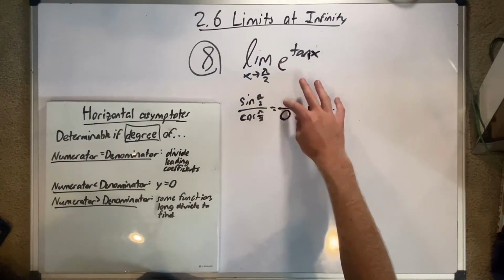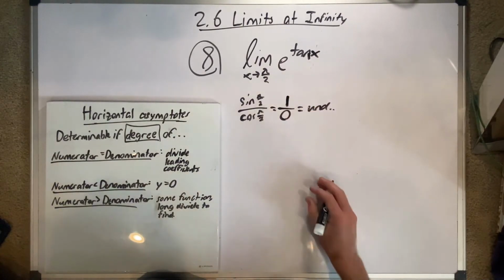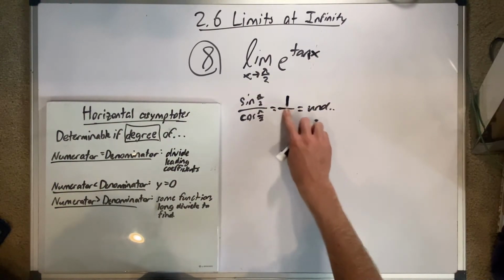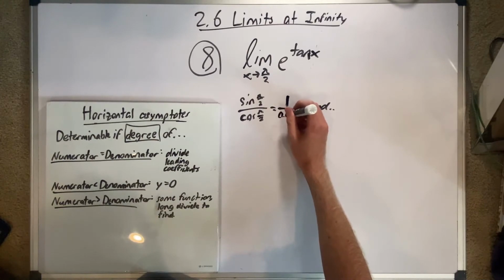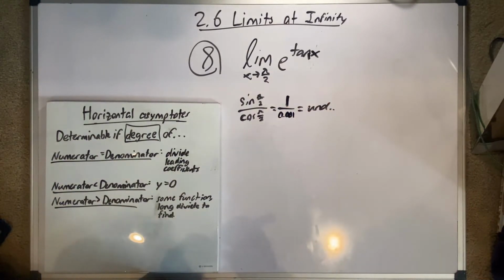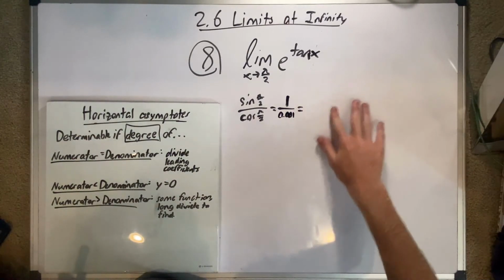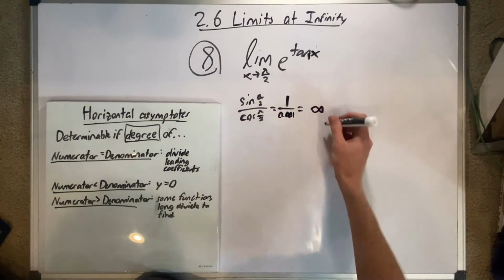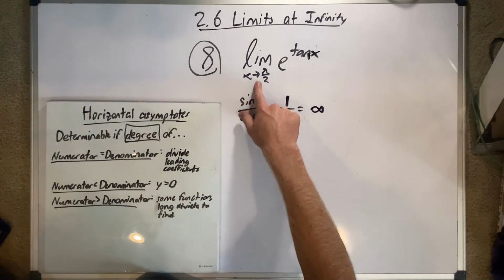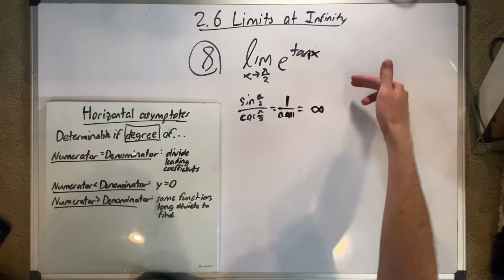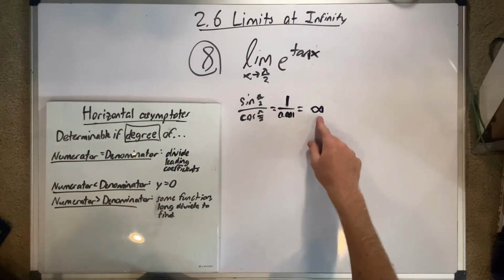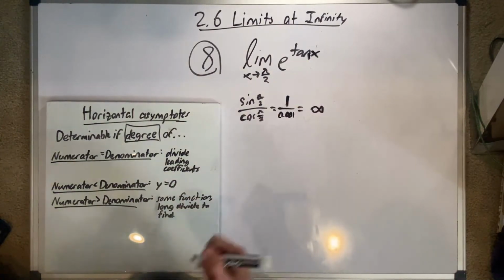Well, this number stays very, very close to 1, but this number stays very, very close to 0, but isn't 0. So we would actually have this becoming infinity, because we don't need to know the exact values because we're talking about limits, so it's how something acts as it approaches this number. So if that's equal to infinity, that means this entire thing is equal to infinity.